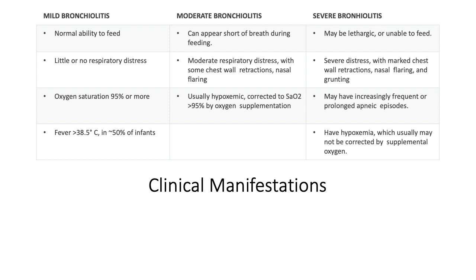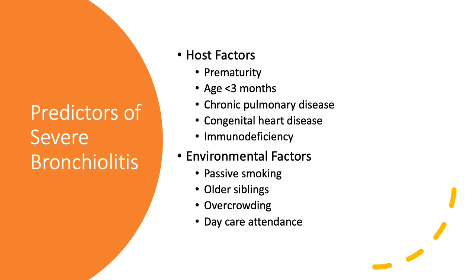In severe bronchiolitis, the infant is lethargic, not able to feed, the respiratory distress is severe with marked chest wall retractions, nasal flaring, grunting. The infant has increasingly frequent and prolonged apneic episodes and the hypoxemia is not corrected by supplemental oxygen. These are predictors of severe bronchiolitis.